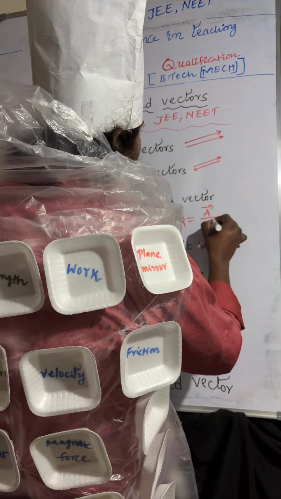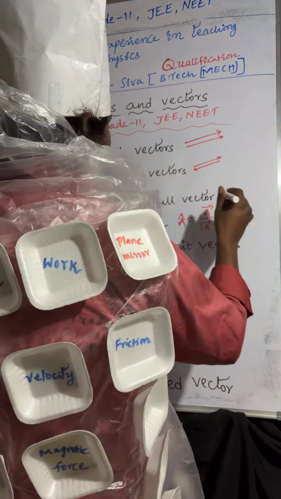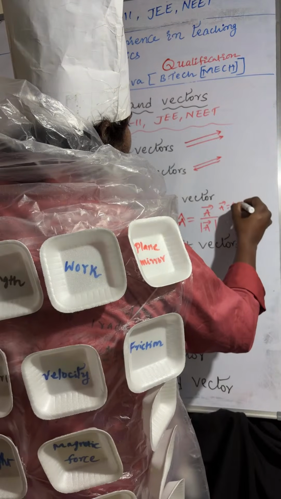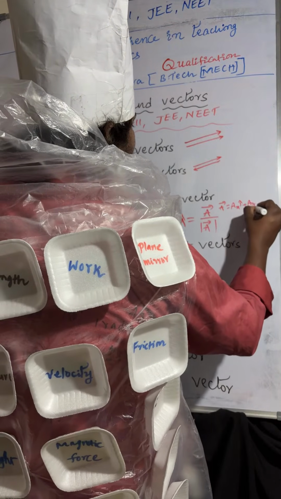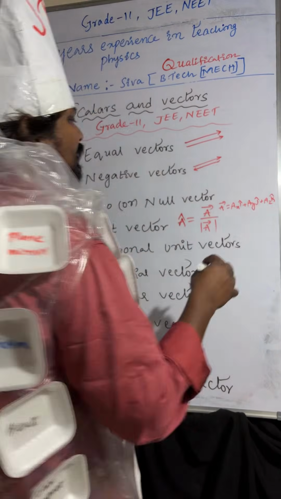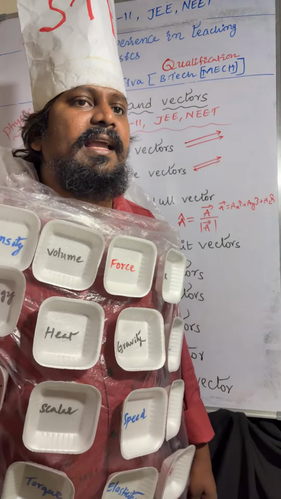Suppose I am taking a vector, so I'll write one vector. Suppose a bar equal to ax i cap, ay j cap, az k cap. We can take 2i cap, 3j cap, 3k cap, like that also.